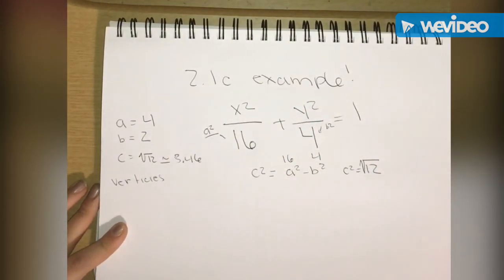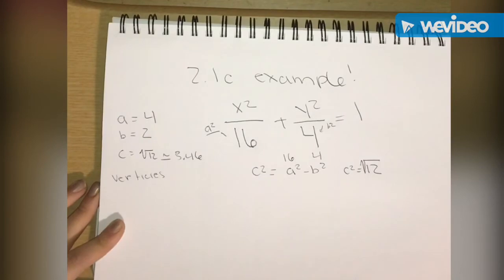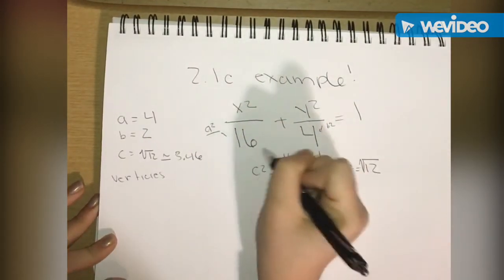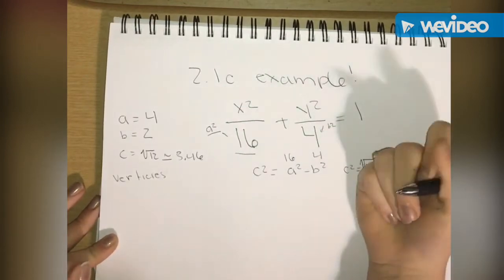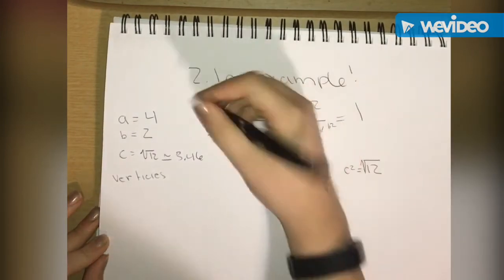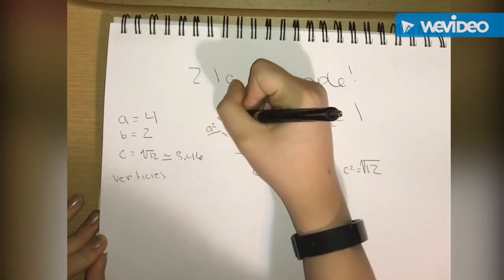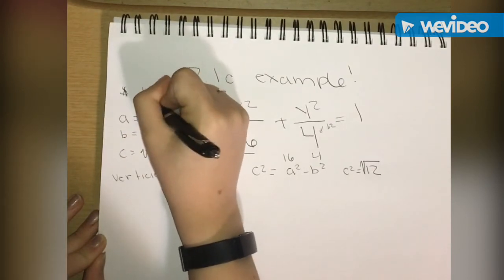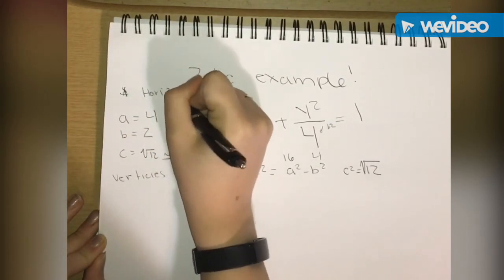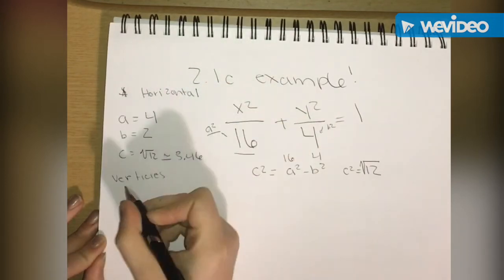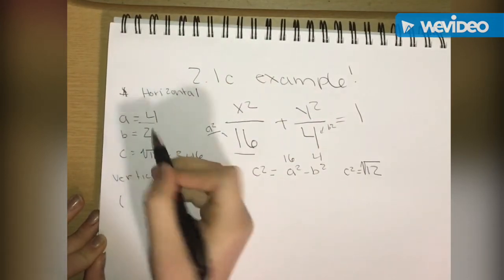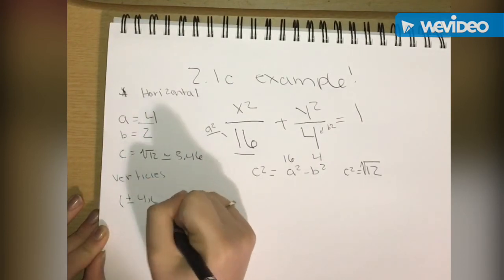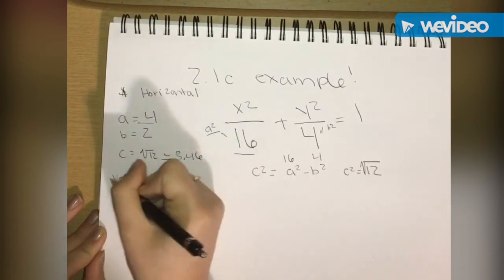So then, what you're going to do is find your vertices. Because it is horizontal, we know that our vertices are plus or minus, because the large number is 16, plus or minus 4 comma 0 because our a is 4 and it is horizontal.